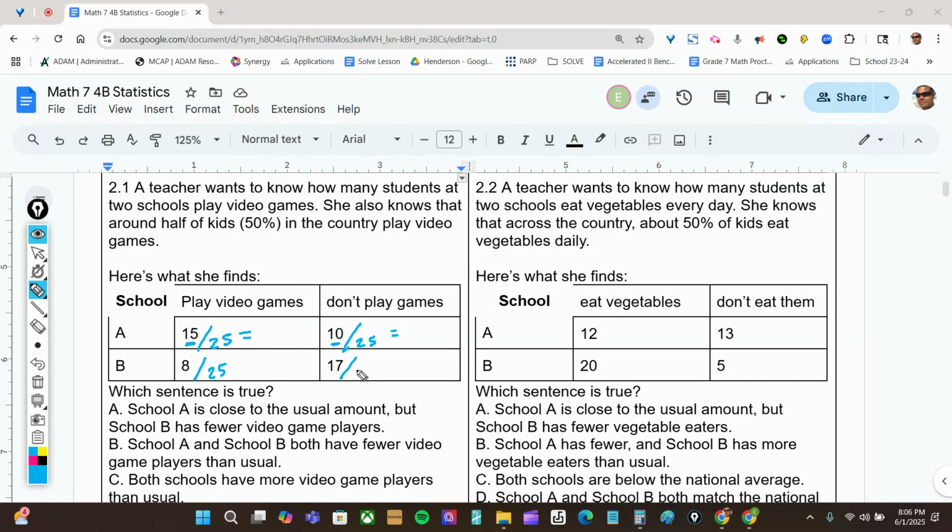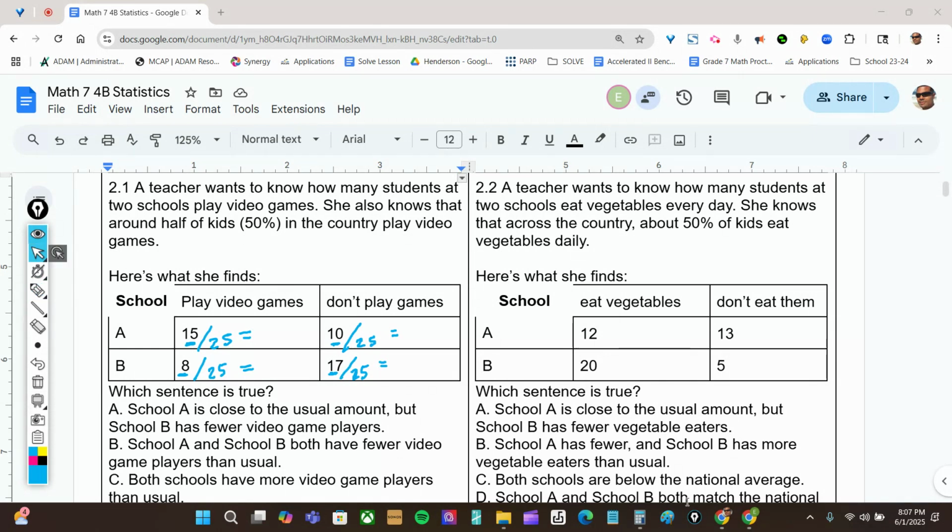And if we divide this by 25, we get the total percent. So we're talking about the total here. 8 plus 17 is 25, and 15 plus 10 is 25.